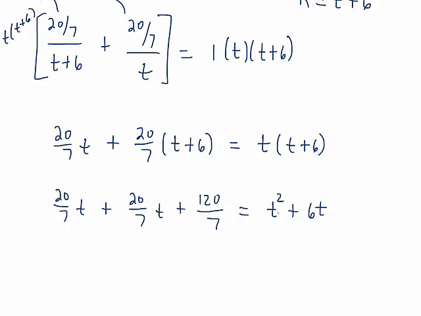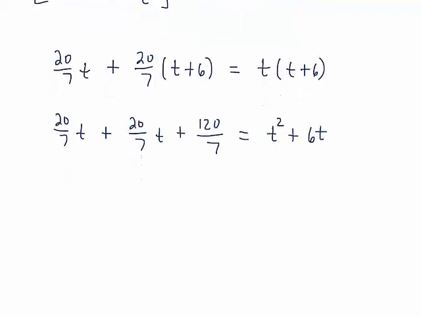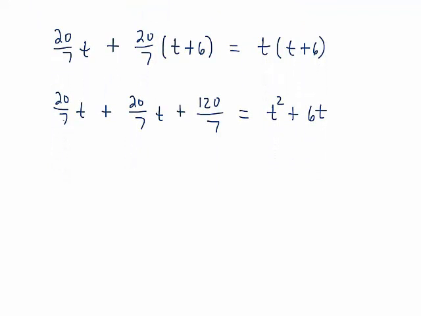I also notice that my T squared term is positive right where it's at, so let's get our 0 on the left side of the equation and move all of the other terms to the right side. First off, we have this 20 over 7T plus 20 over 7T, and that would give us a total of 40 over 7T, but we're going to move that over to the right hand side.